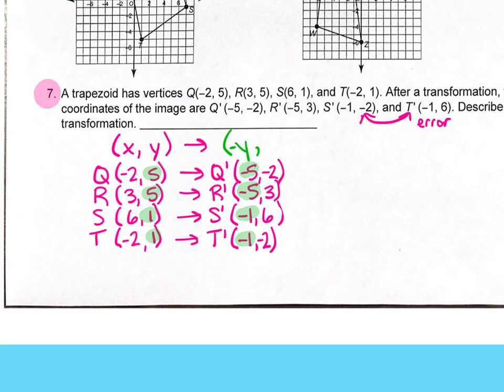And now to get Y, we take the original X and we just copy it over. So the transformation was (x, y) goes to (negative y, x), and that is a 90-degree counterclockwise rotation.